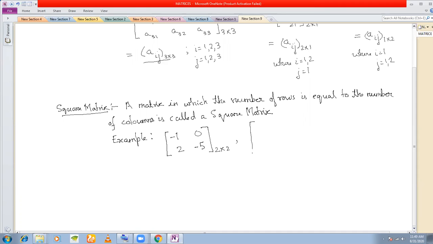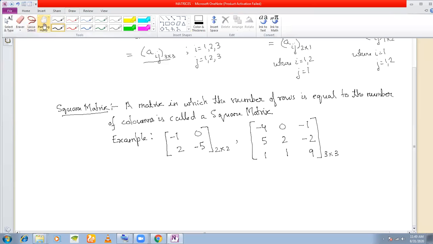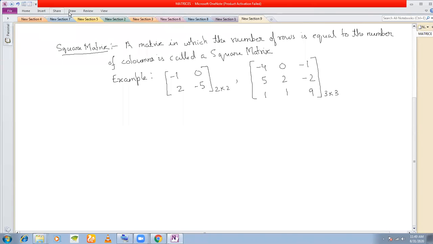Similarly, a square matrix of order 3 will be, this is a square matrix of order 3. Similarly, you have square matrices of higher orders. Next definition that we are going to do here is that of a null matrix, which you already know.